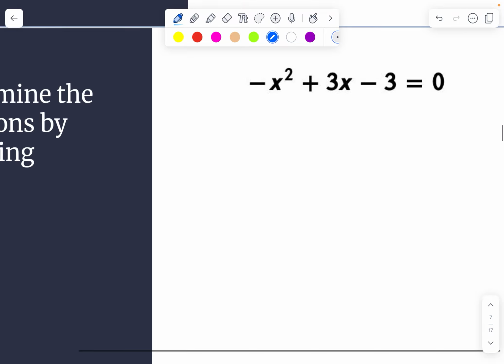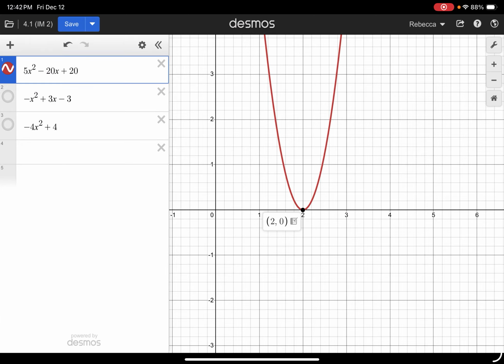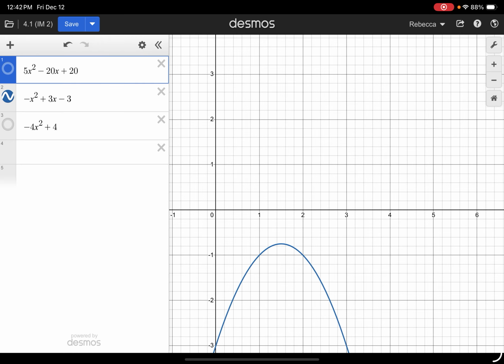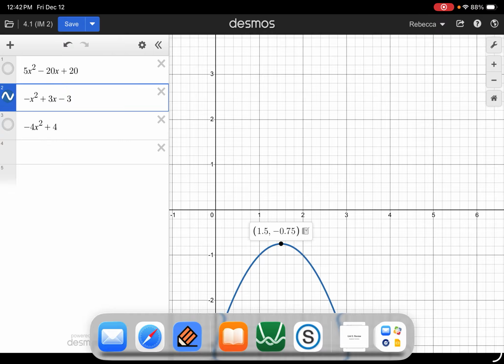Let's look at another one. Negative x squared plus 3x minus 3. If we look at this graph, I notice that it's not touching the x-axis at all. So it has no x-intercepts, which means it has no solutions. We're just going to quickly sketch this graph.